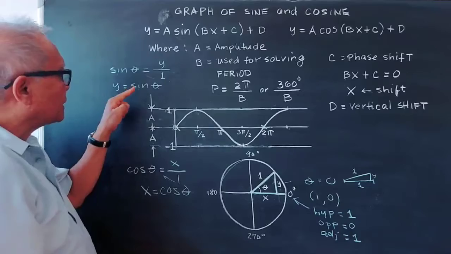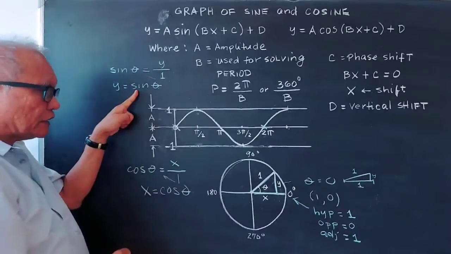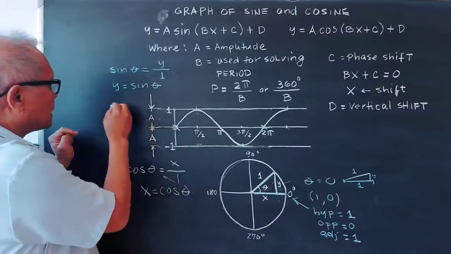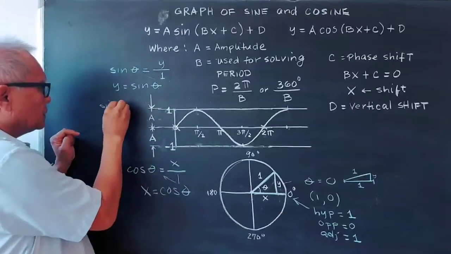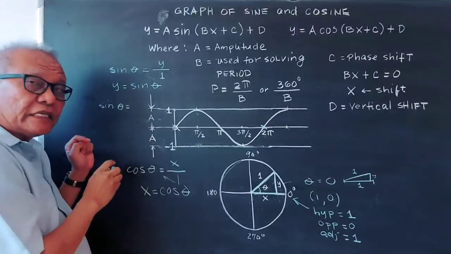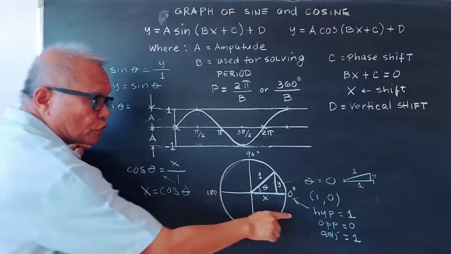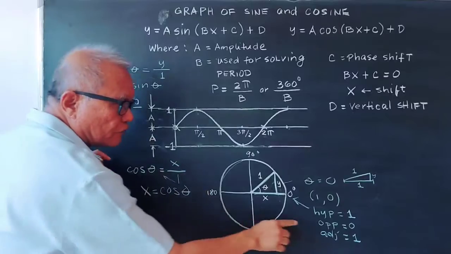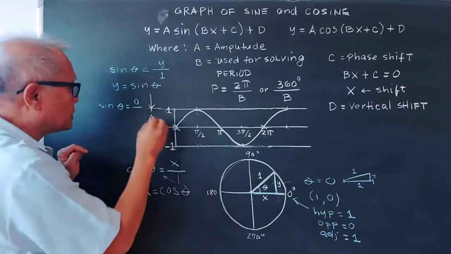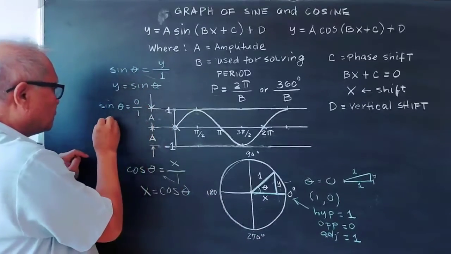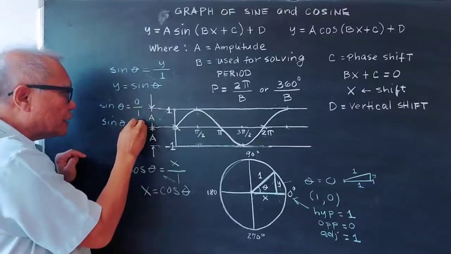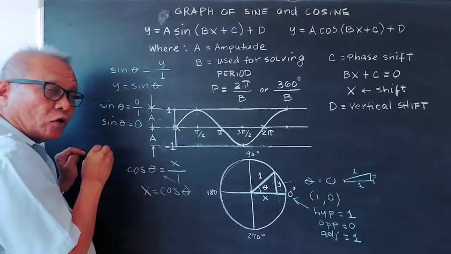Okay, let's have sine. For sine, what is the value now of our sine? Sine theta is equal to opposite, which is 0, over hypotenuse, which is 1. So for sine theta, 0 over 1 is 0.